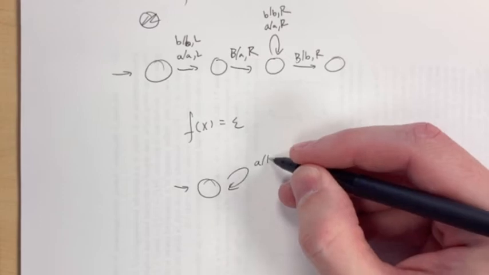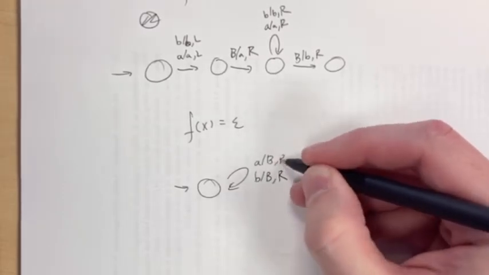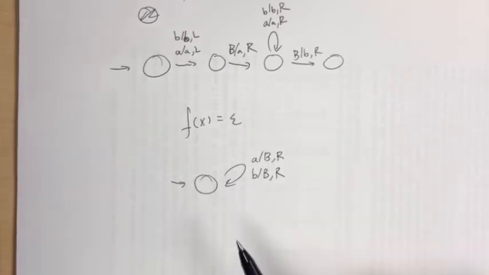A blank R, B blank R. All right? This will just go down the whole string, blanking everything. Eventually you'll see a blank, and then the machine stops because there's no outgoing arrow with a blank on it. That's all it takes. Any thoughts on that one?